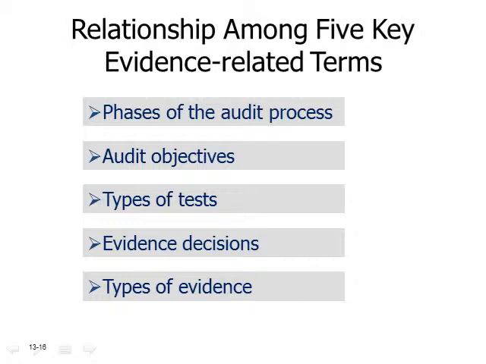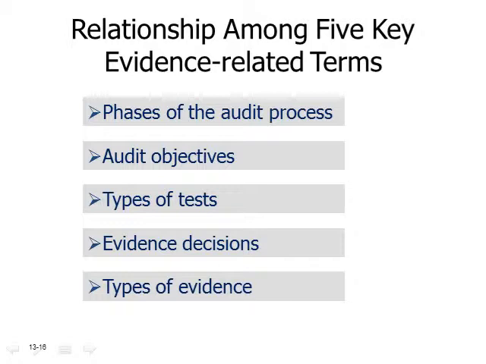When we perform the analytical procedures and test of details of balances phase, we're talking about balance-related audit objectives, which include existence, completeness, accuracy, classification, cutoff, realizable value, and rights and obligations. And then when we're talking about completing the audit and issuing the audit report, we're talking about the presentation and disclosure-related audit objectives, including occurrence and rights and obligations, completeness, accuracy and valuation, classification, and understandability.